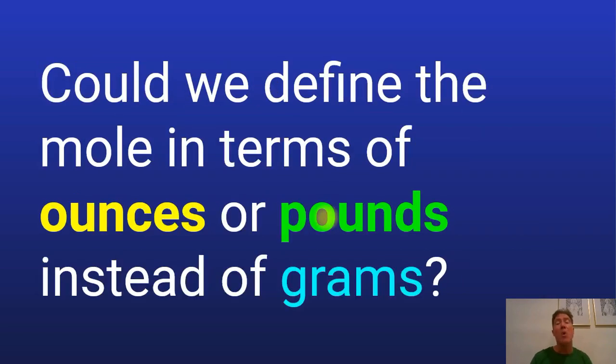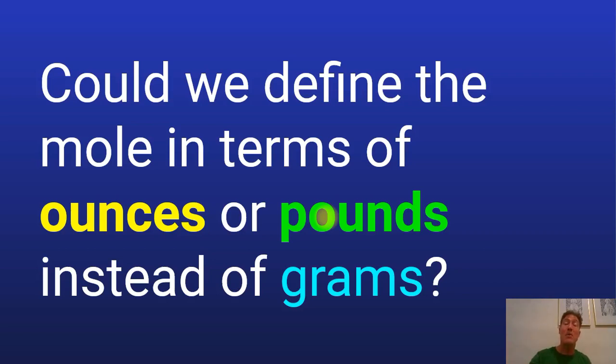Could we define the mole in terms of ounces or pounds instead of grams? I mean, could we pick another number that converted atomic mass on the periodic table to ounces or pounds instead of grams? Yeah, we could have picked another number. It would be a different number, and it might be quite a bit larger, maybe 10 to the 24, 10 to the 26 or something.